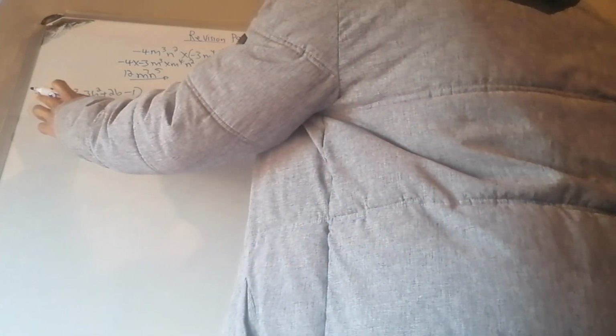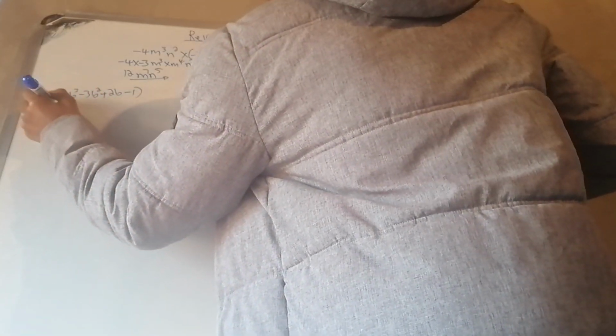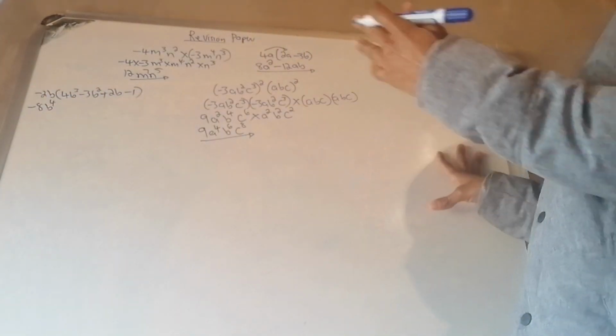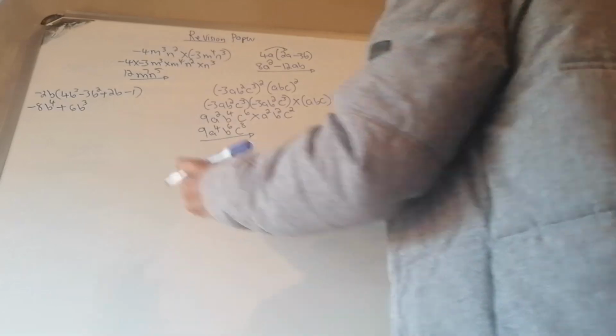Negative 2 times 4 gives negative 8. B times b3 is b4, because when we multiply we add. Negative times negative is positive. 2 times 3 is 6. B times b squared is b3.